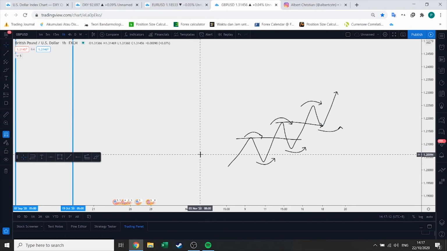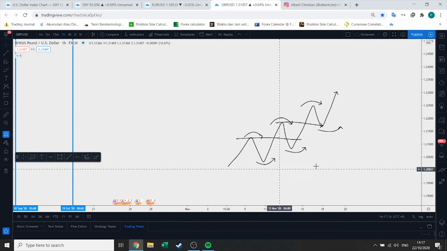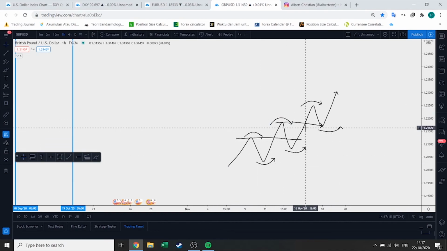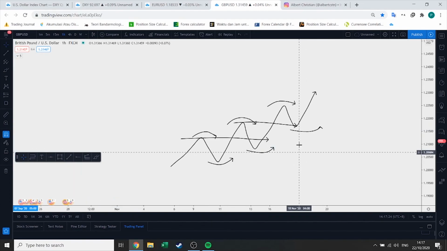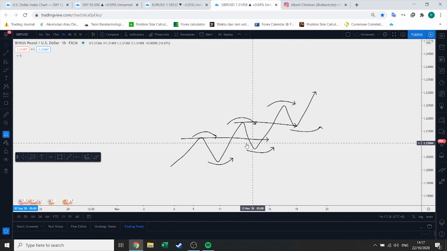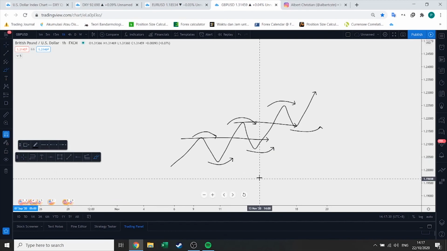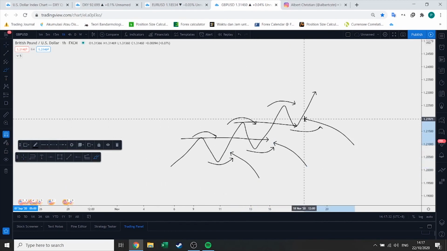The benefit of following the market makers as a retailer — I am also a retail trader, but I have an institutional mindset — is that I can enter multiple positions here, here, and here.